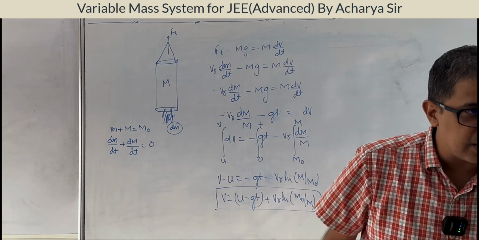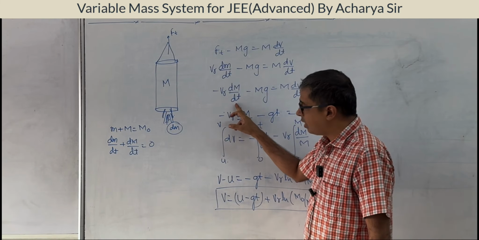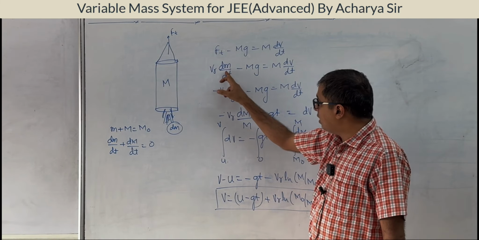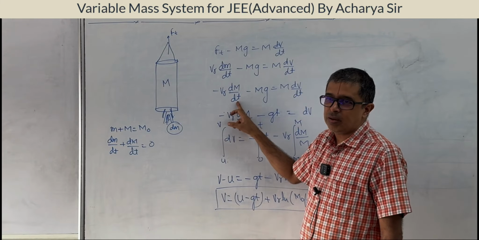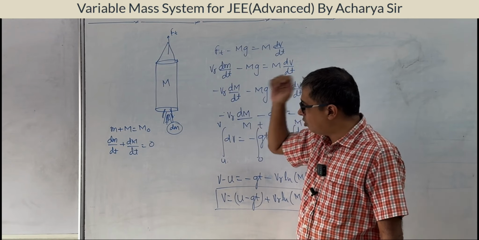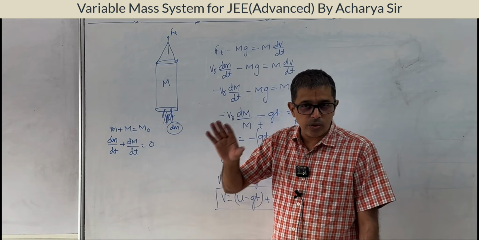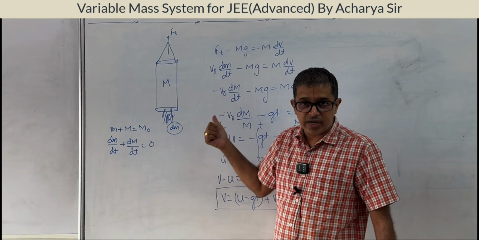The only controversy is 90% of the books don't give you a clarity as to why d small m by dt became minus d capital M by dt. They write mass is decreasing. Write it this way. Now it will be 100% clear to you why you have introduced a negative sign.